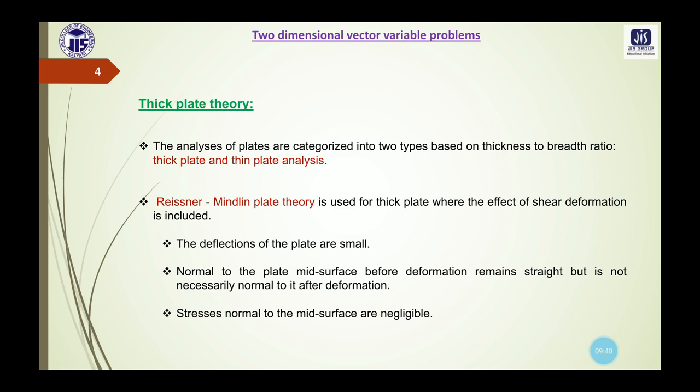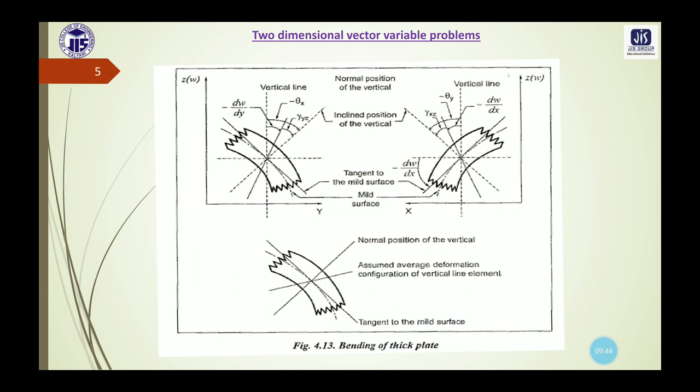There are certain assumptions for this Reissner-Mindlin plate theory, which we can refer from this diagram, the bending of the thick plate. There are three different assumptions. Number one, the deflections of the plate are small.